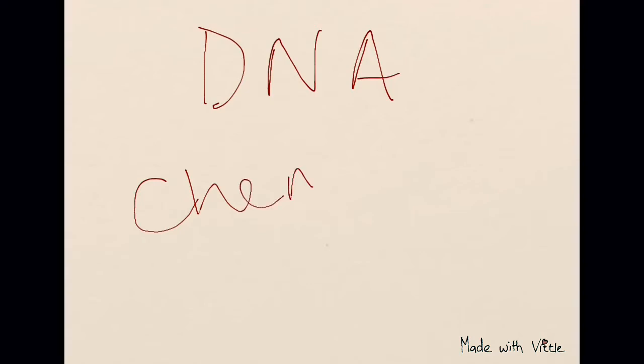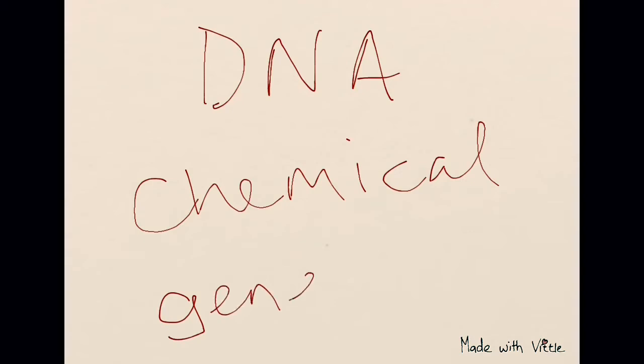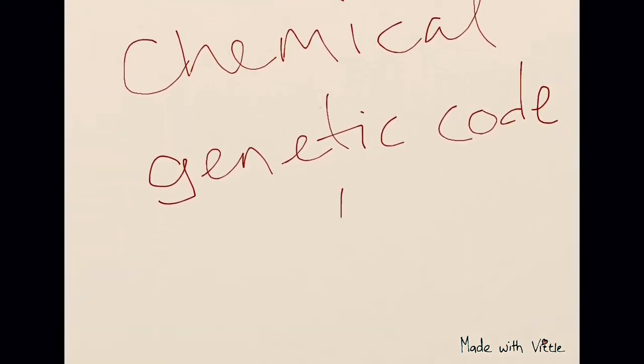Okay, so we know that we're looking at DNA. DNA is the chemical which carries the genetic code, and it tells our body how to make protein.